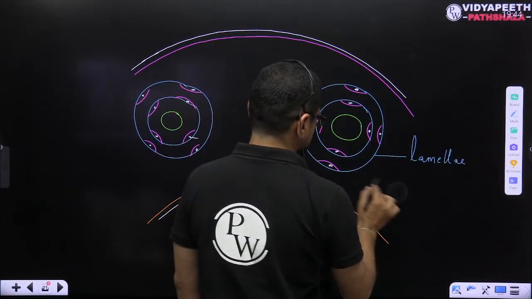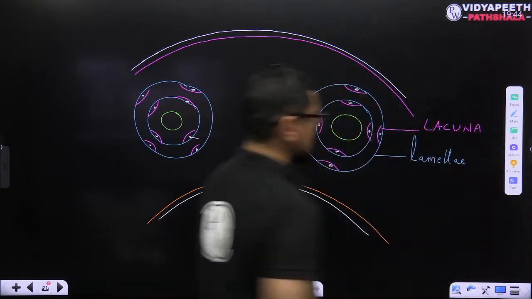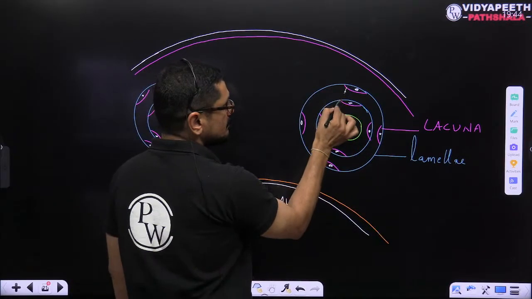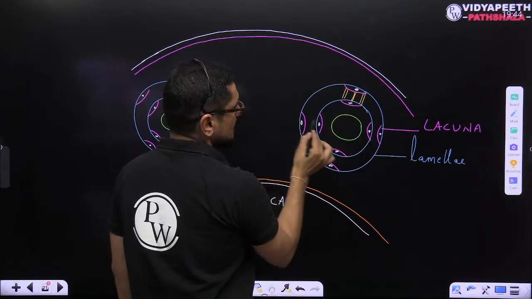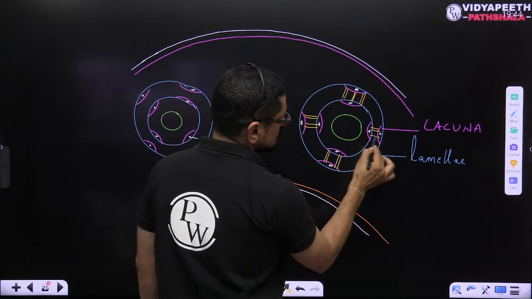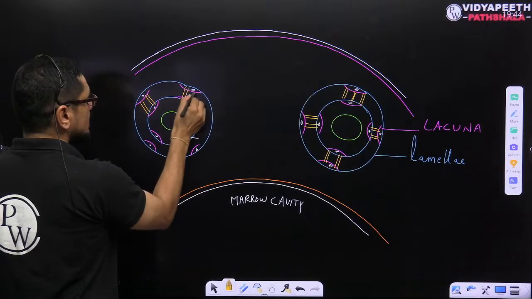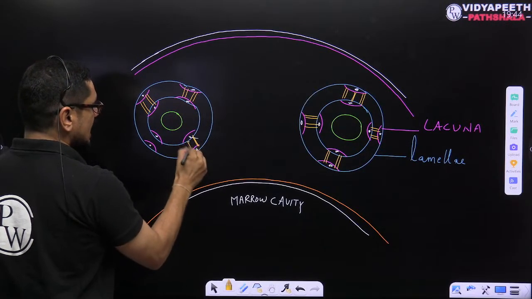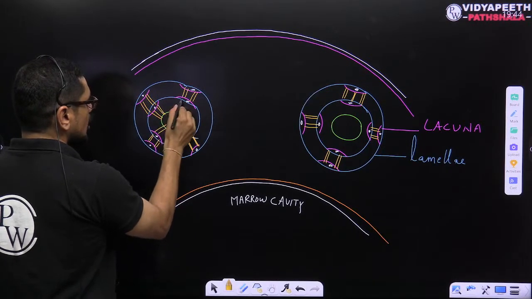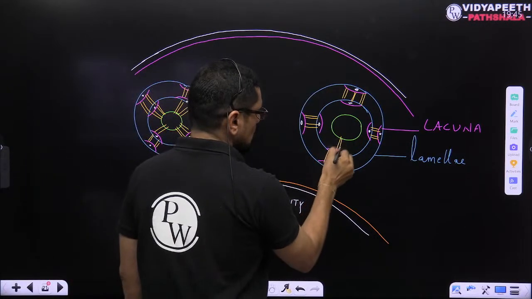See, what is this empty space? The empty space is called lacuna, L-A-C-U-N-A. And now I am going to join one lacuna with another lacuna, like this, and I am joining the lacuna even with the central Haversian canal also.